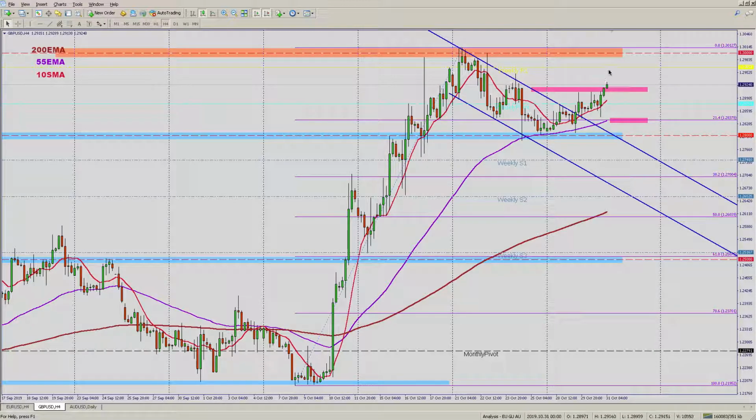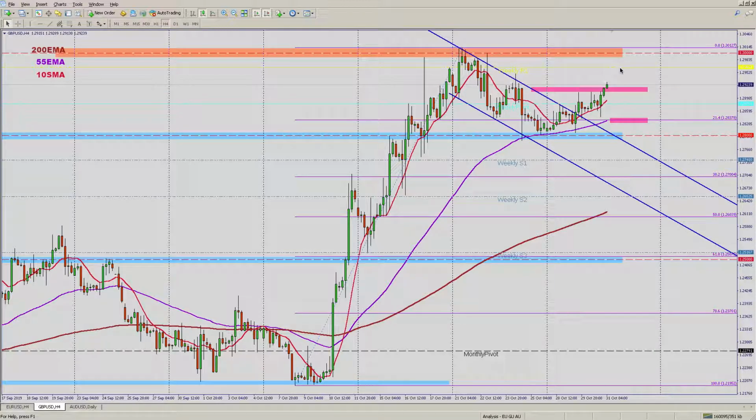And if it does reach the weekly R1, it could then attempt to hit the 130 level, but we'll see what the impact is from the US non-farm payroll report coming up tomorrow night as well.